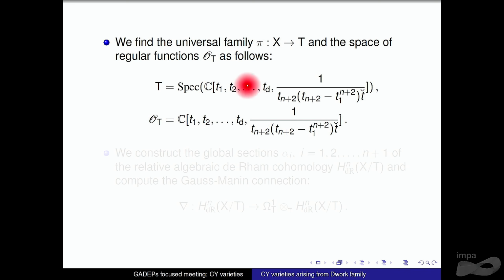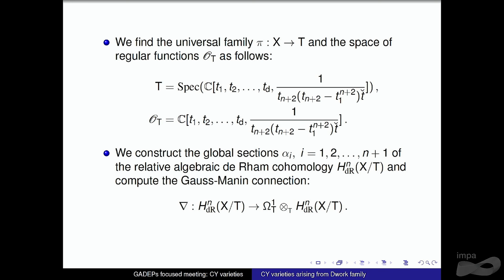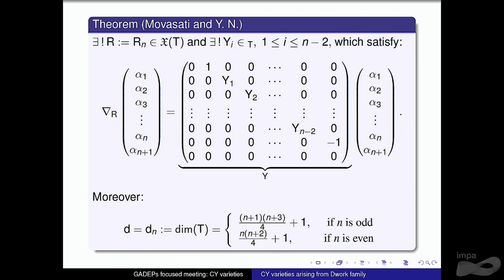In the case that Hossein talked today, we don't have T3 until TD, but in this case, because it is extended, so we have all of them. And we are also considering the Gauss-Manning connection on the relative algebraic de Rham cohomology bundle. So we have the Gauss-Manning connection here, and here comes the theorem.